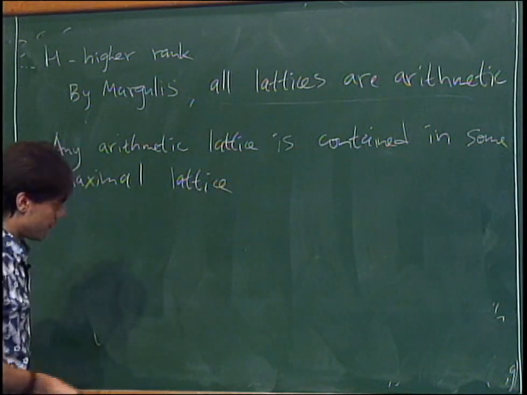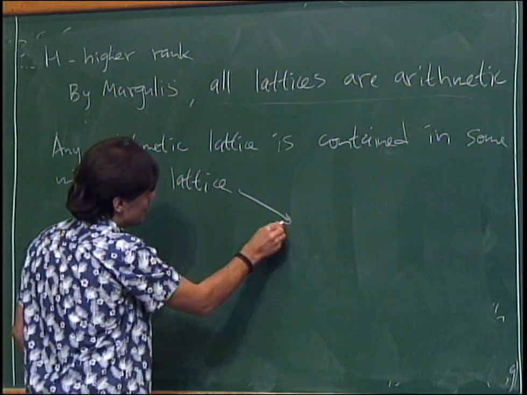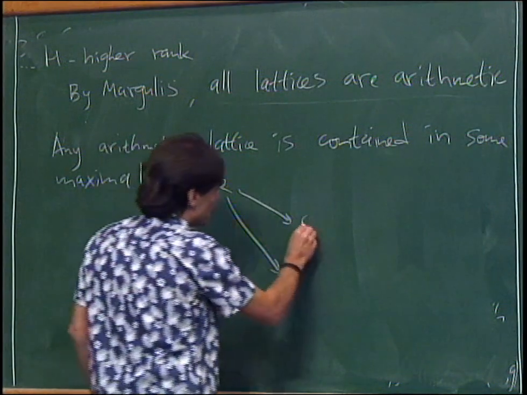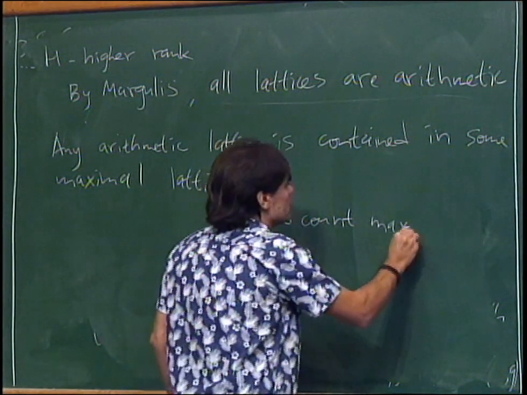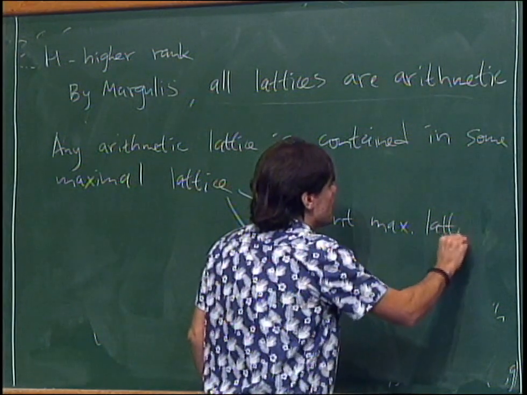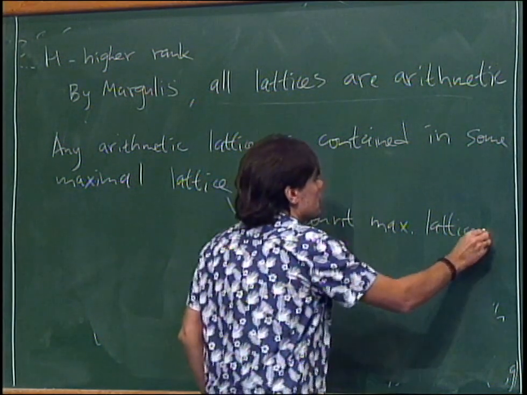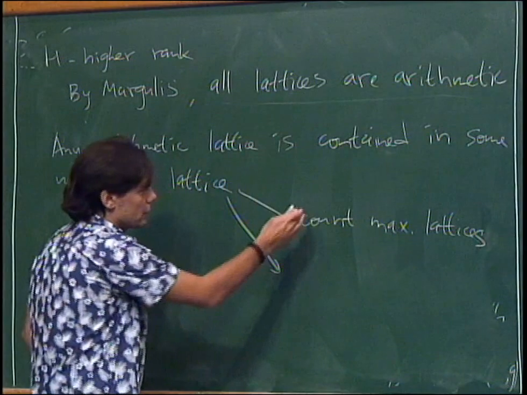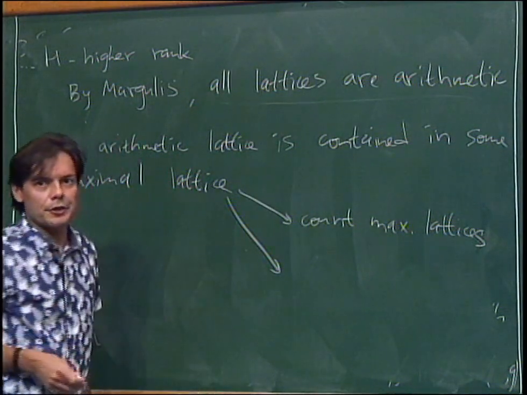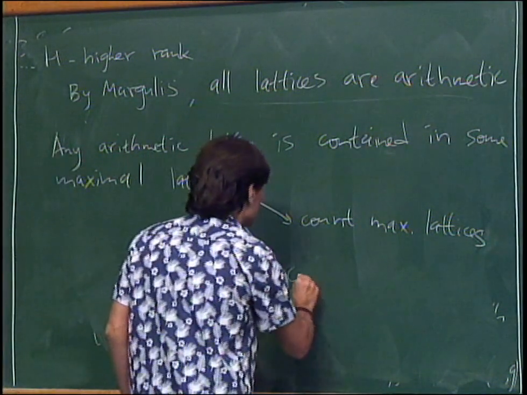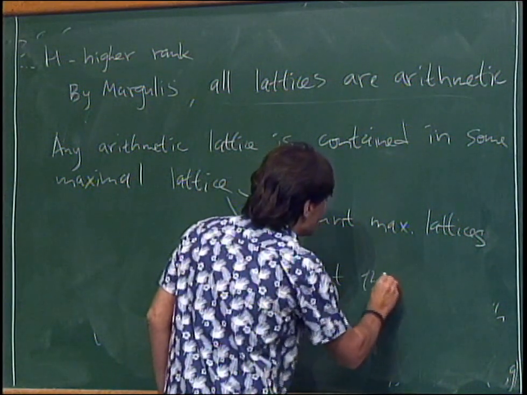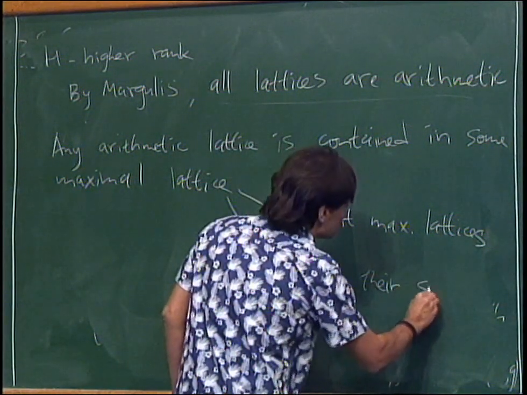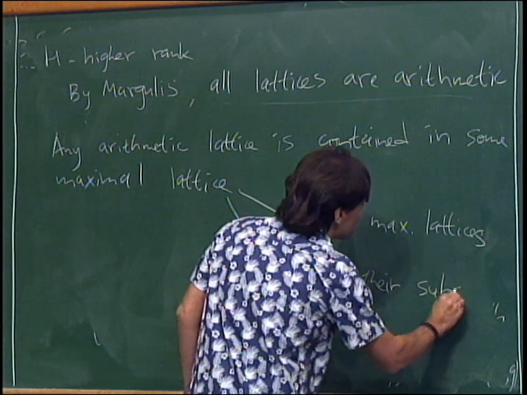And then the problem splits into two parts. We want to count maximal lattices and count the finite sheet covers, count their subgroups. So it's what's called subgroup growth.